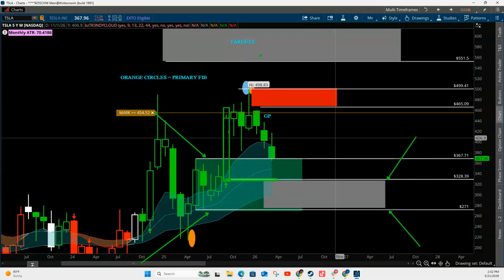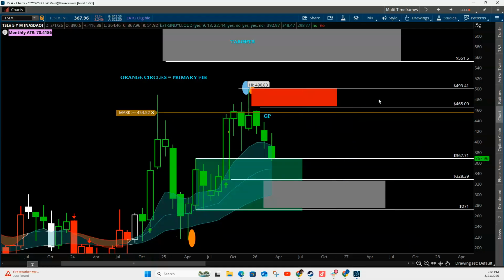If Tesla was trending up, would we use the classic or would we use the modern? If Tesla was trending up, which one would we use? Classic. If it's trending up, okay?